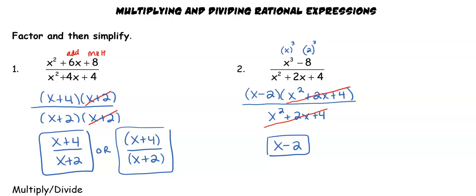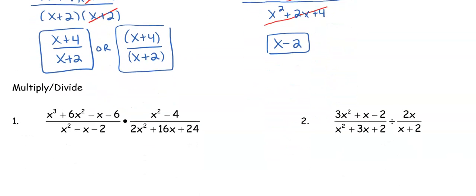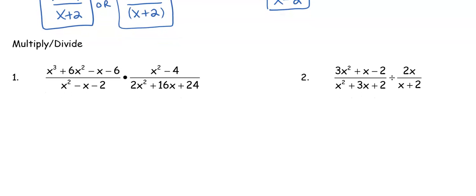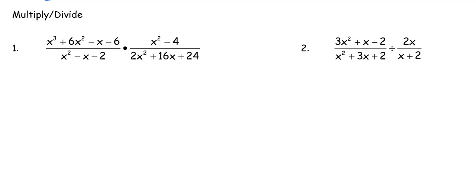All right, let's get into some division now. Division and multiplication, we're going to do exactly what we did in simplifying. We're going to work with factor and cancel. So when I look at the first one here, I have 4 terms. The only way to factor something that has 4 terms is to factor by grouping.